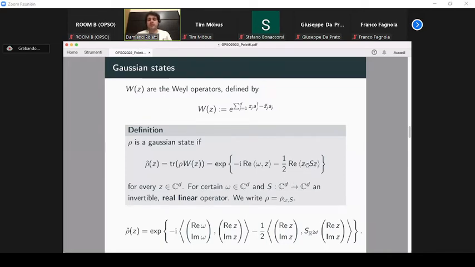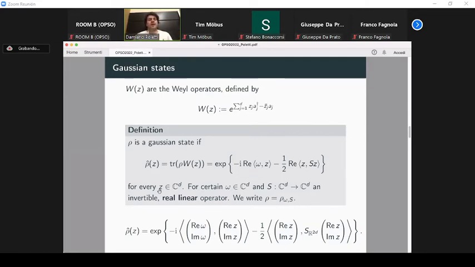And if we exploit the isomorphism between C to the d and R to the 2d, that is decomposing z into its real and imaginary part, then we obtain this expression that you see at the end of the slide. And this expression is precisely the characteristic function of a classical Gaussian random variable.